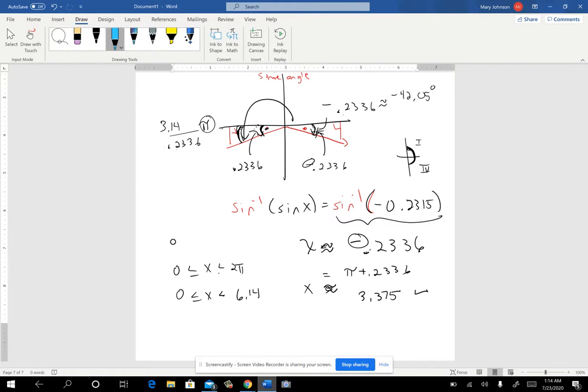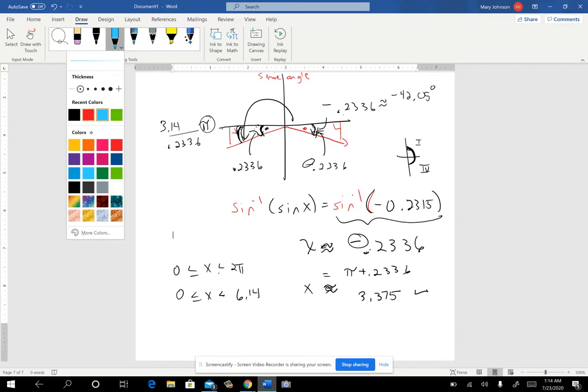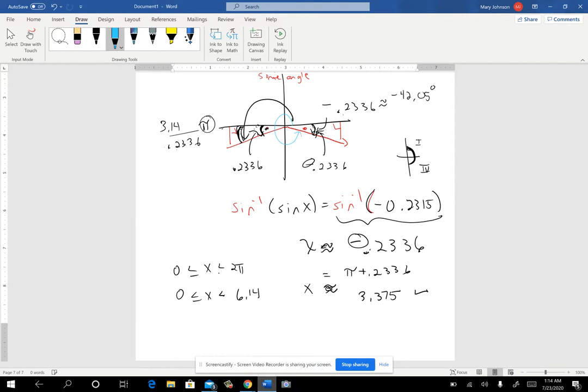So I'm going to do that in blue. I'm going to go all the way around to there. So this one right here is really 2 pi minus 0.2336.